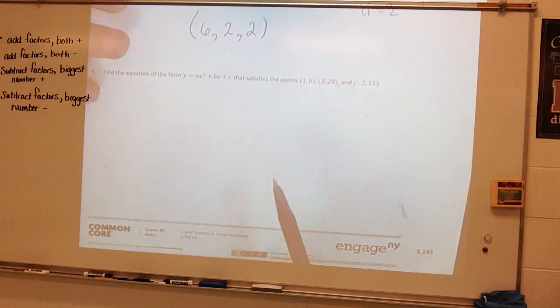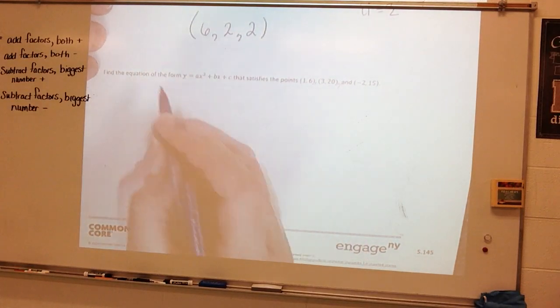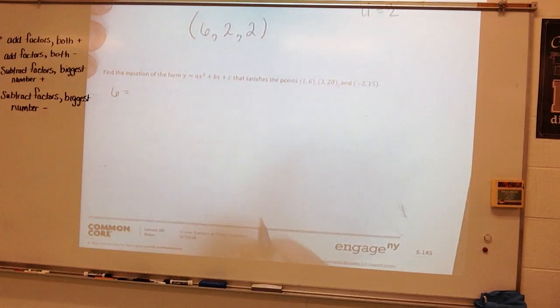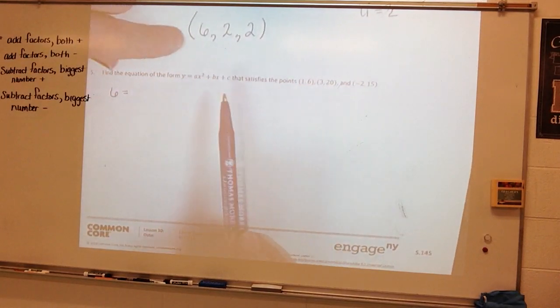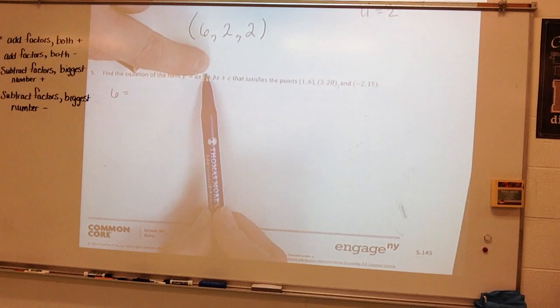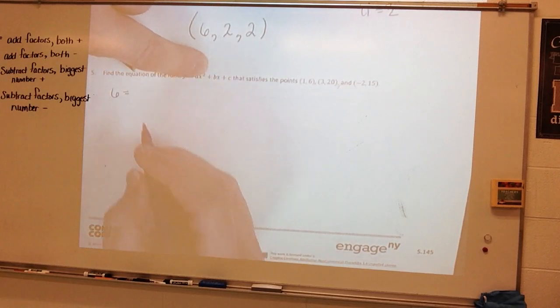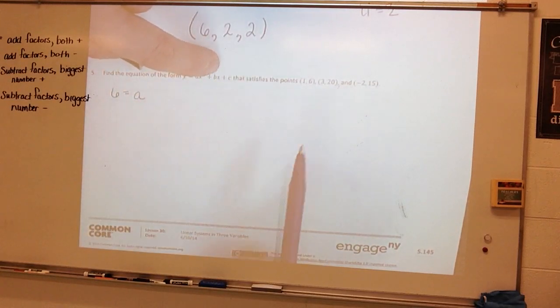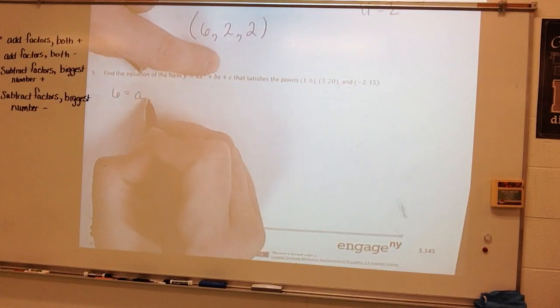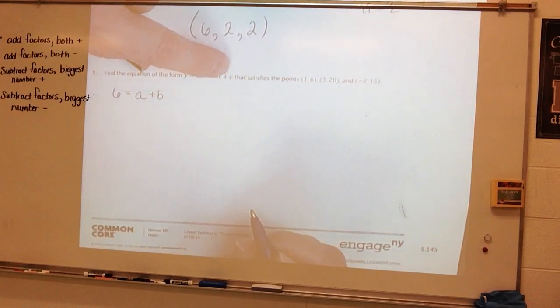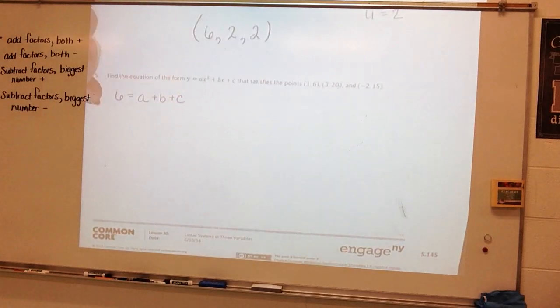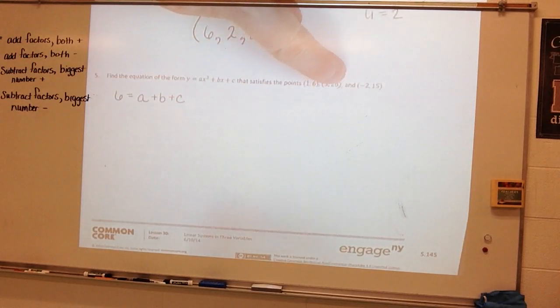I know what x is equal to. So let's set up our first equation with 6 is equal to, and then plug in 1 for x. Well, 1 squared is 1. 1 times a is a. B times 1 is b, and then plus c. Let's do the same thing for the second one.